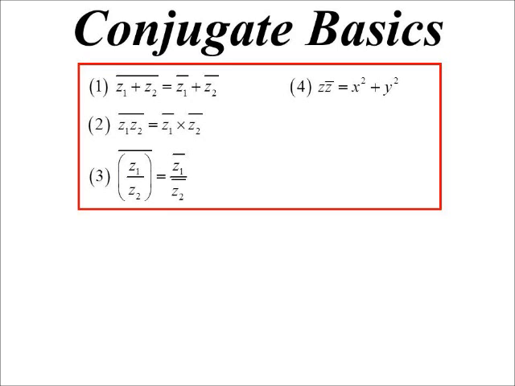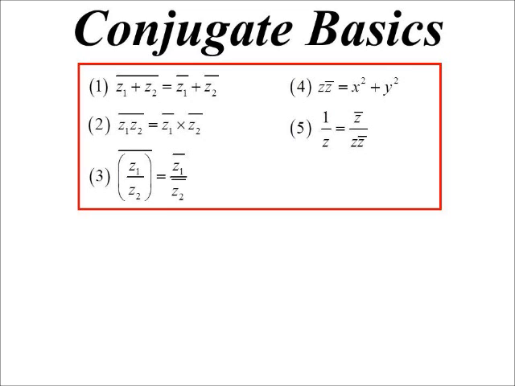If I multiply a number by its conjugate, and that's what we just saw on the bottom of the fraction, we get the sum of two squares. Not just any two squares, it's the real part squared plus the imaginary part squared. And if you want to find the reciprocal of a complex number, then it always will turn out to be the conjugate on z times z conjugate. Because if you think about it, look, the z conjugates cancel.